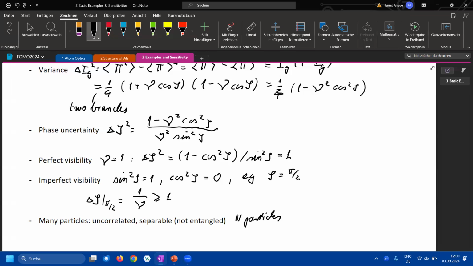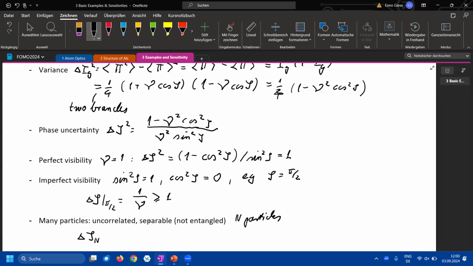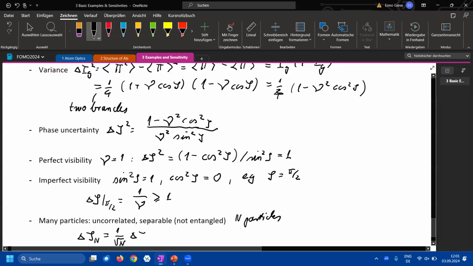One will observe that delta phi for many particles, at the optimal value, is equal to 1 over the square root of n times delta phi of the single particle.